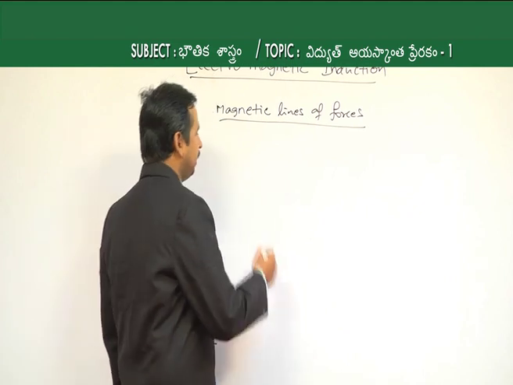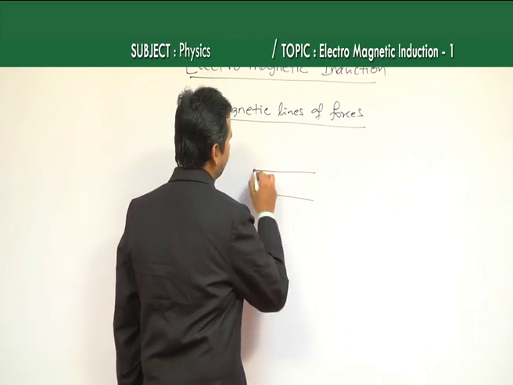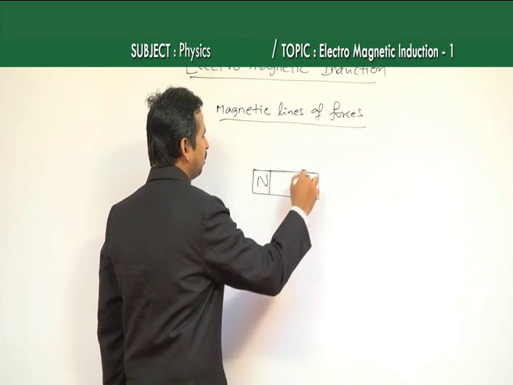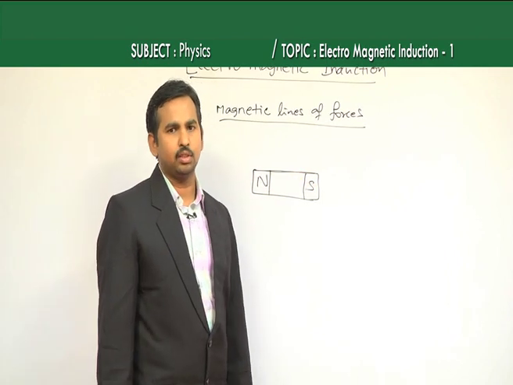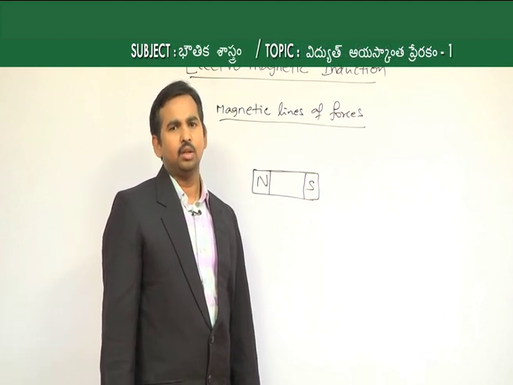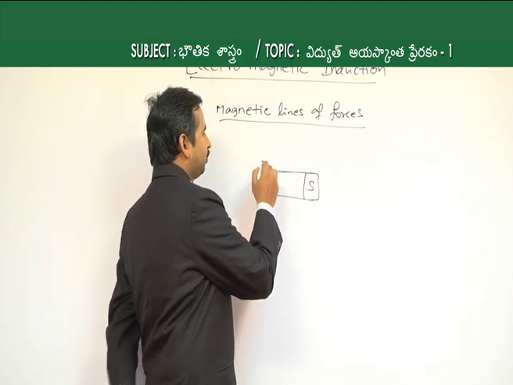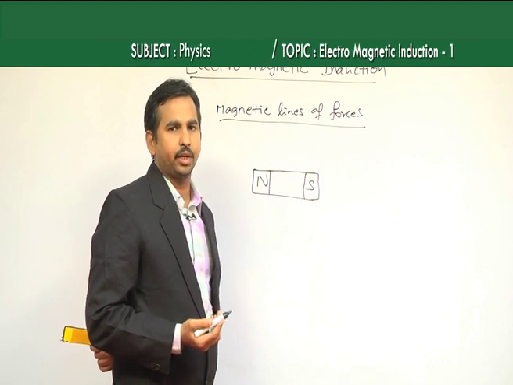For example, take the case of a bar magnet having a north pole and a south pole. What do we mean by magnetic lines of forces? They are the path followed by a unit north pole. We can find them using a magnetic compass.